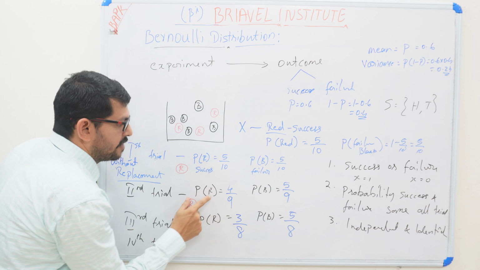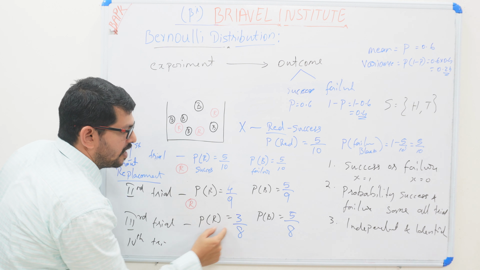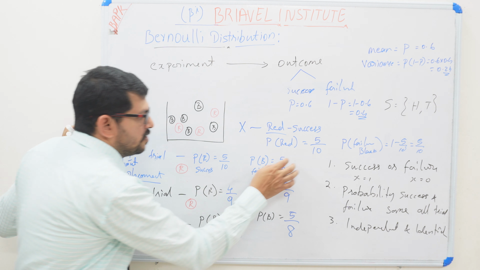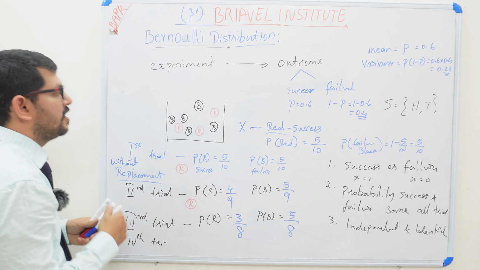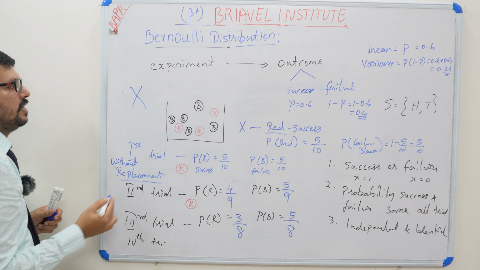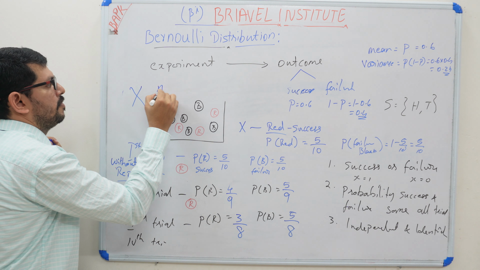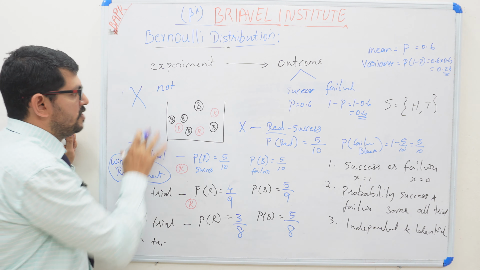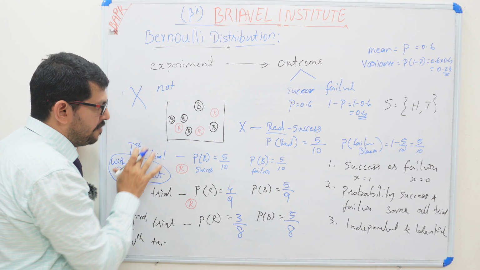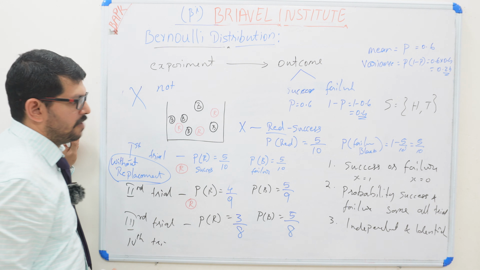In the second trial, the probability of getting a red ball is 4 by 9. In the third trial, you see, it is 3 by 8. So the failure probability also changed. The probabilities have changed, so we can say it is not a Bernoulli's trial. Without replacement, when we checked the experiment, we understood that it is not a Bernoulli's trial.